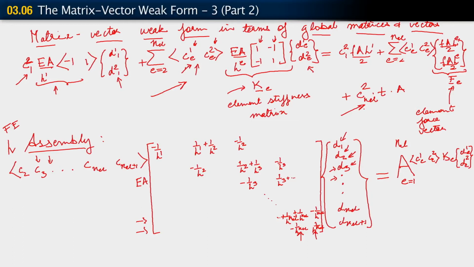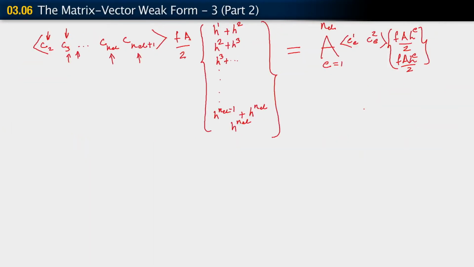Right? This contribution then will appear in this position, right? The very last position here. Okay? It will be corresponding to C NEL plus 1, right? Because C NEL plus 1 is the same as C2 for element NEL. Okay?